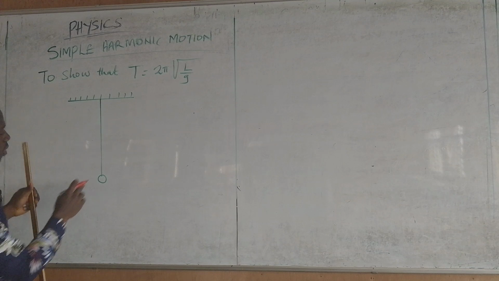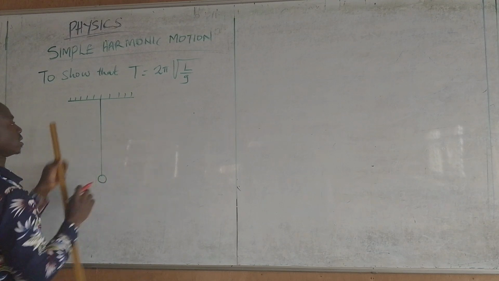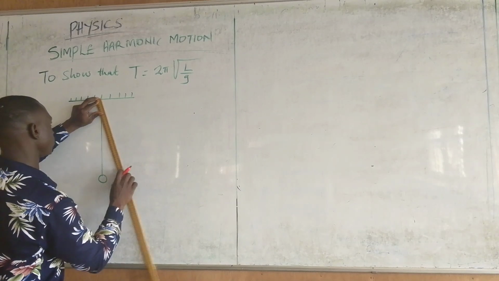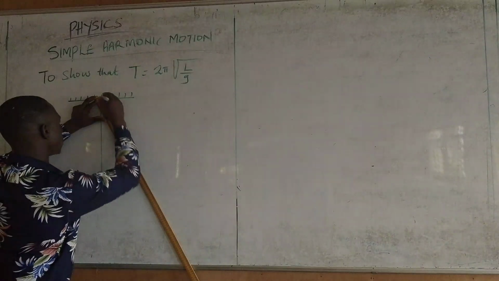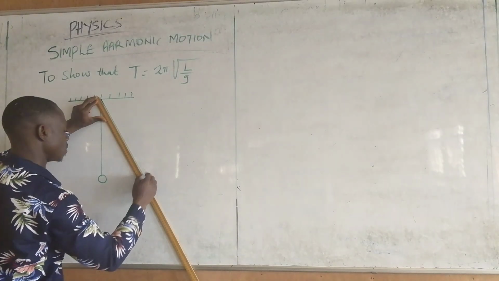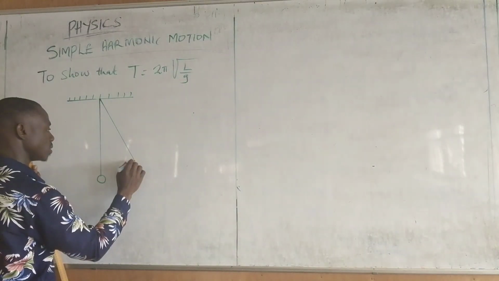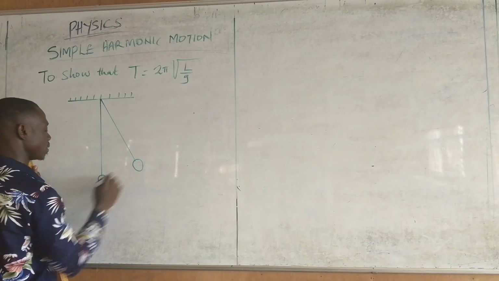By the time this pendulum bob is displaced at a very small angle, if you displace it, the bob is now around here.